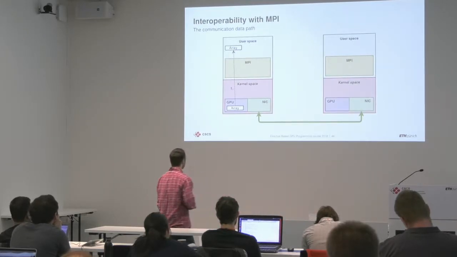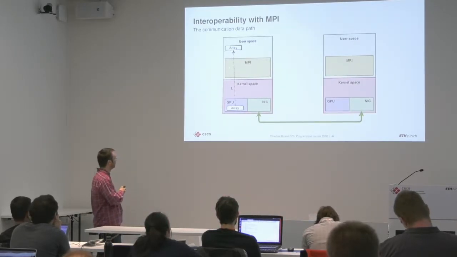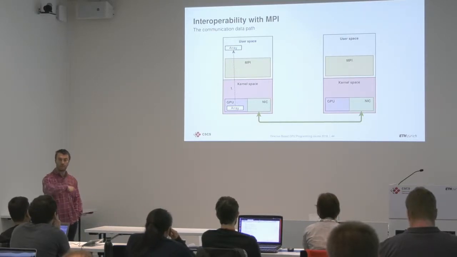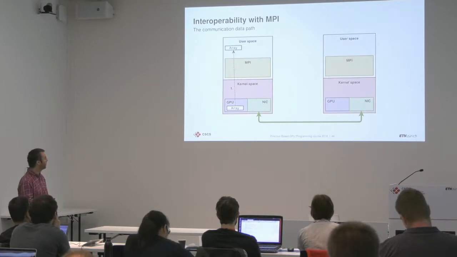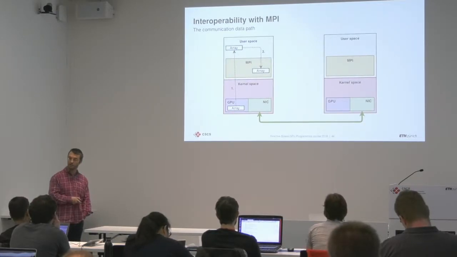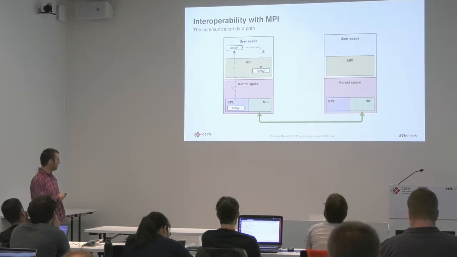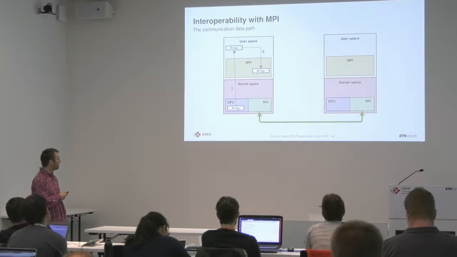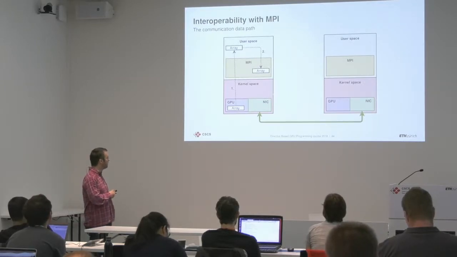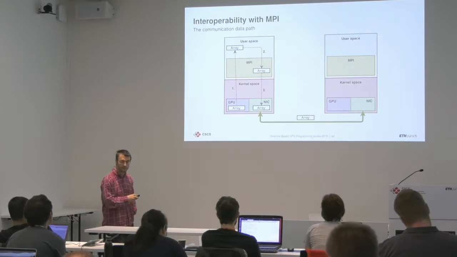And let's see what's happening. So first we need to do an update host to update our data copy. And then we call an MPI send. MPI will copy the buffer to send, and then MPI will send it to the next node.